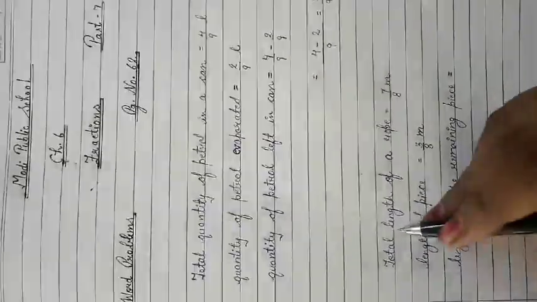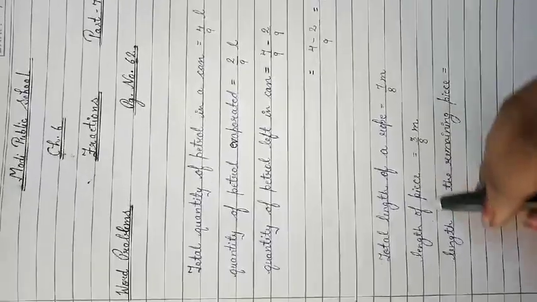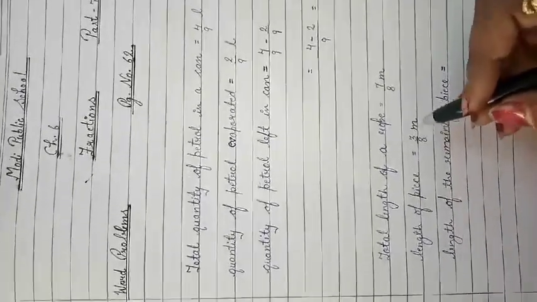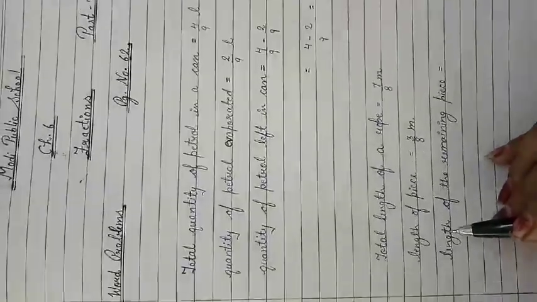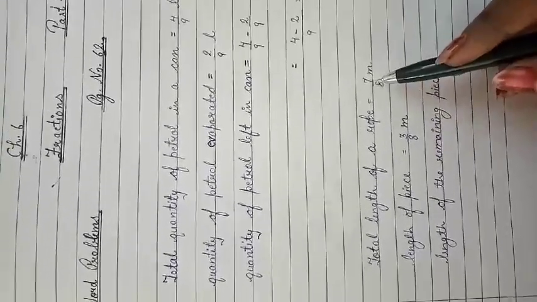Here we have written the total length of the rope, that is 7 by 8 meter. Then the length of the piece which is cut out of it is 3 by 8 meter. Now we will calculate the length of the remaining piece. To calculate it, we need to subtract the length of the piece from the total length of the rope.